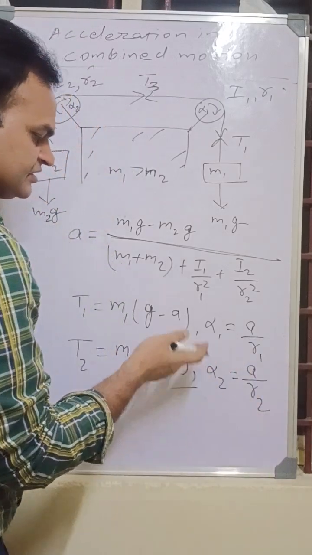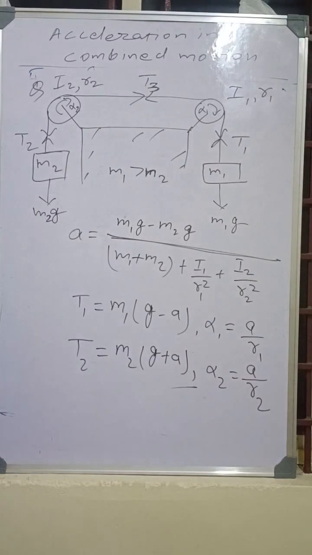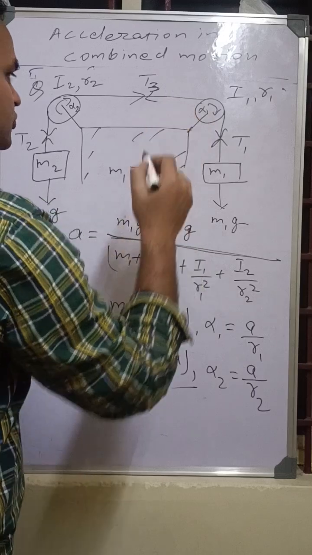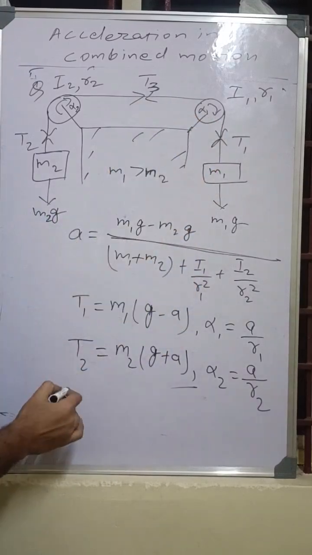So we can easily find the values of alpha 1 and alpha 2, and from here we can calculate T3 also.